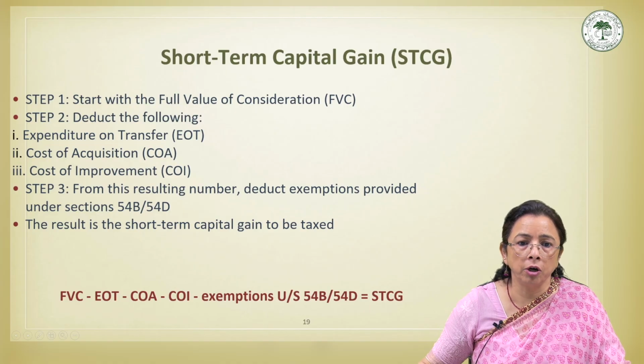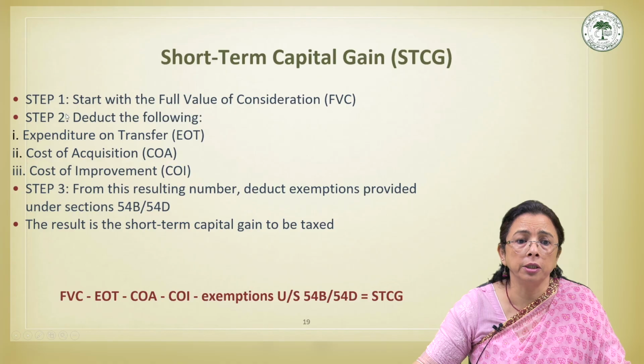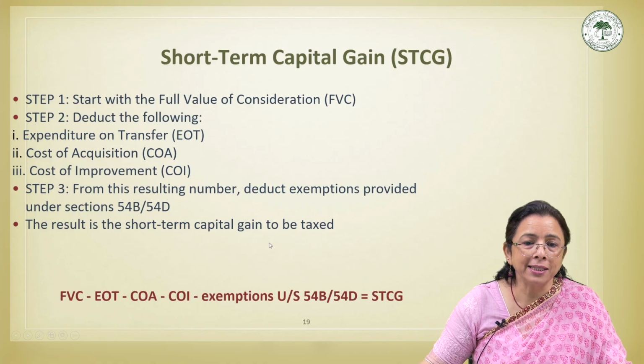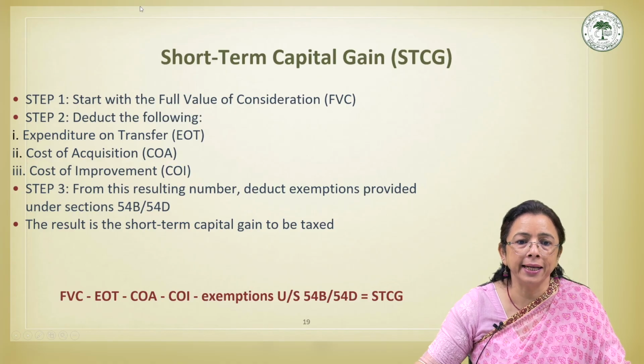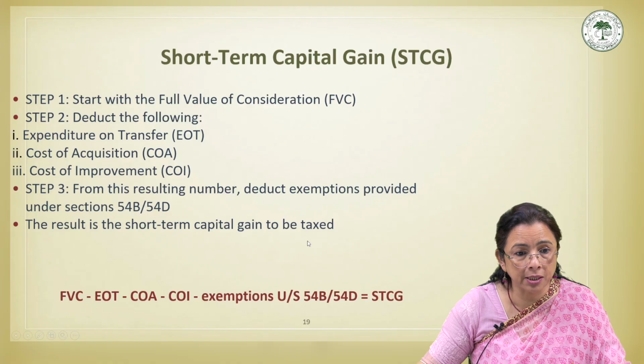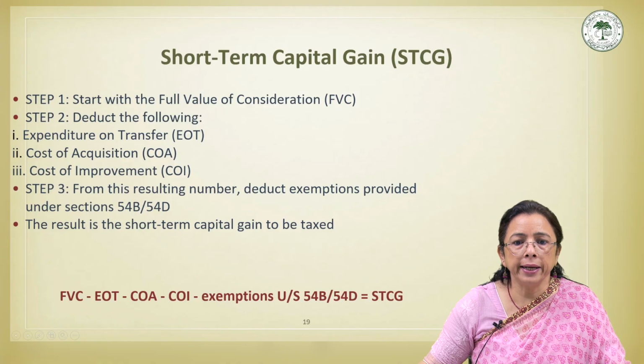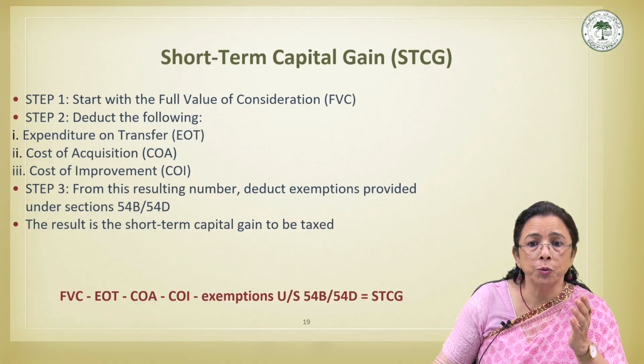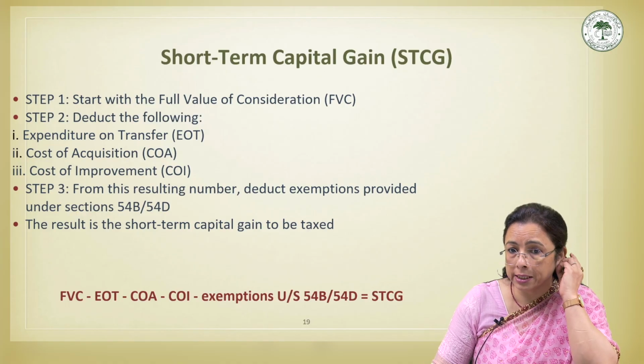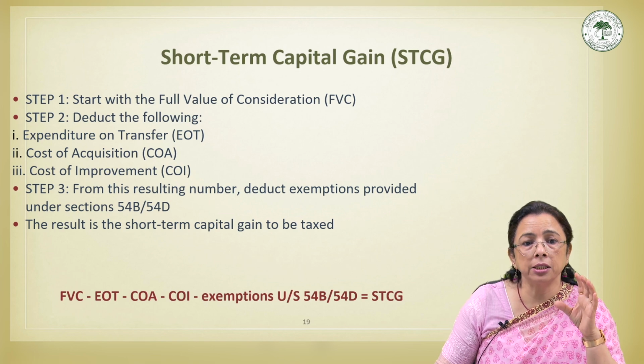So after deducting these three, we get a provisional gain, which is not final yet, because there is another item that is to be deducted, and that is your exemptions. This is a relief which is provided by the law to all taxpayers. Certain sections allow deductions.